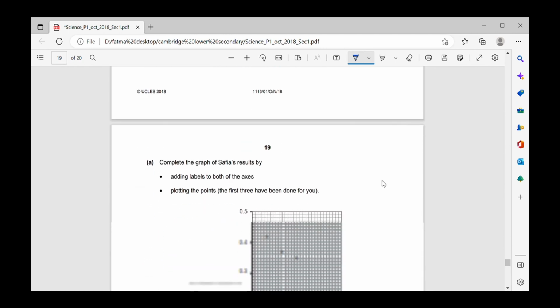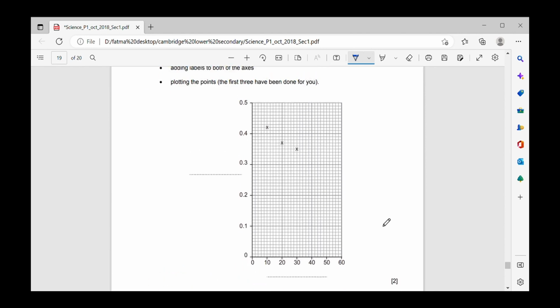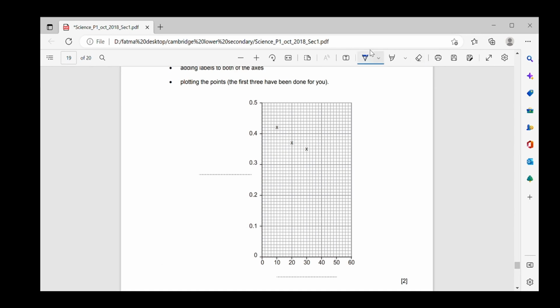Question A. Complete the graph of Sophia's results by adding labels to both of the axes. So we have here the x-axis and the y-axis. The x-axis represents what here? The x-axis represents length of test wire in centimeter.